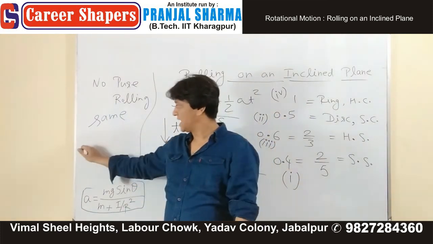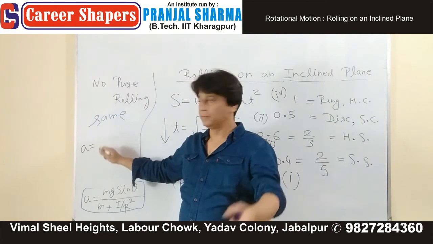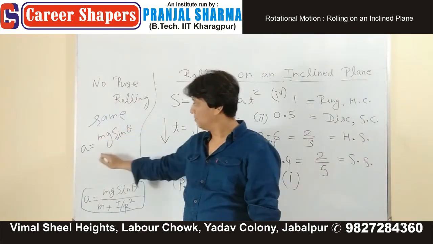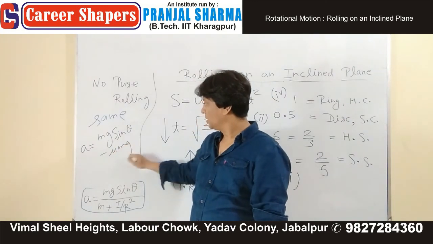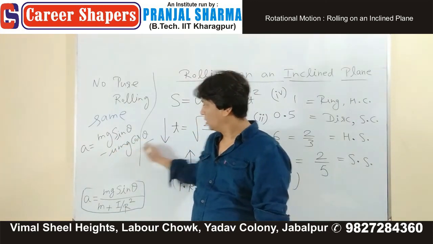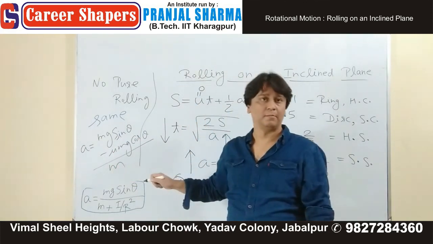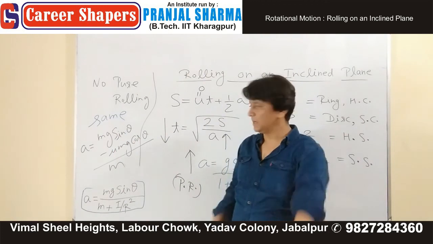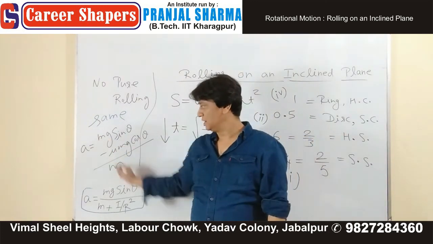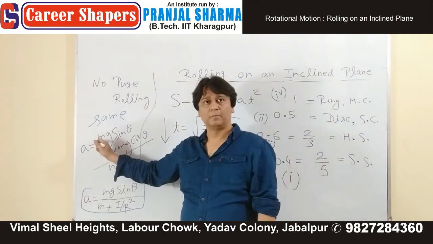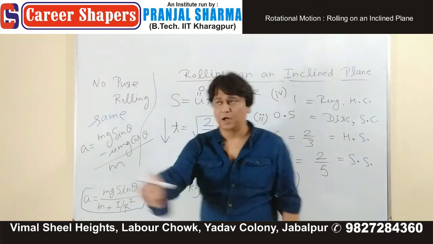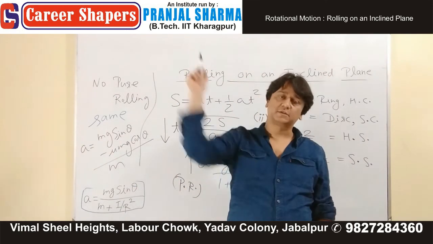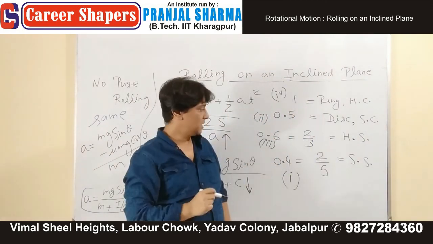Why? What is the acceleration when bodies slip? mg sine theta minus mu mg cos theta whole divided by m. There is no term of I. There is nothing like c. m is getting cancelled. इसका मतलब अगर स्लिपिंग होगी तो फिर सारी की सारी बॉडीज एक साथ कहां पहुंचेंगी?